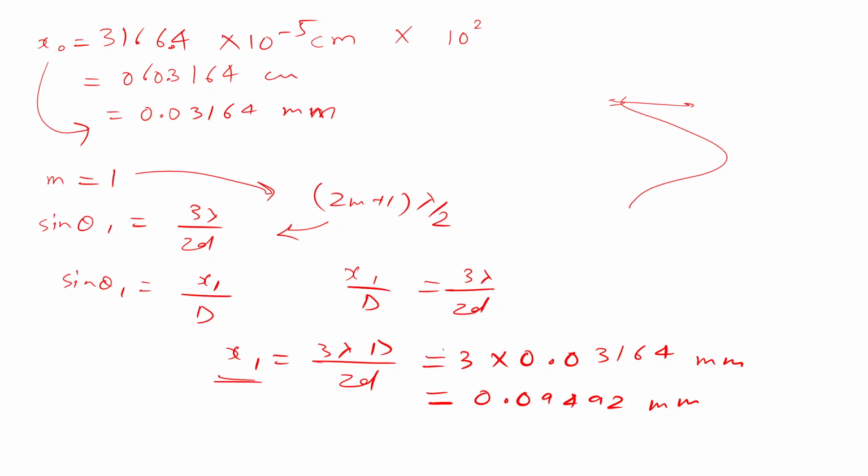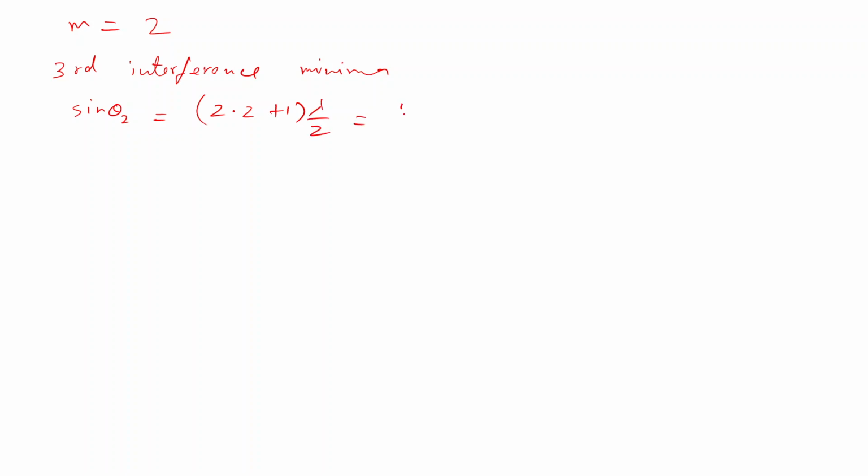Now if I calculate for m is equal to 2, that is the third interference minima, then I will get sin theta 2 is equal to 2 times 2 plus 1 lambda by 2, that is 5 lambda by 2.